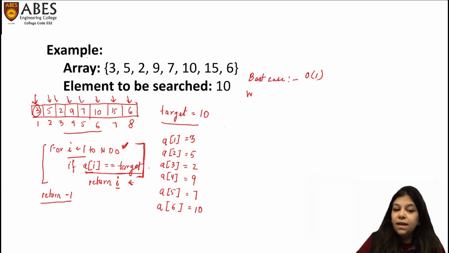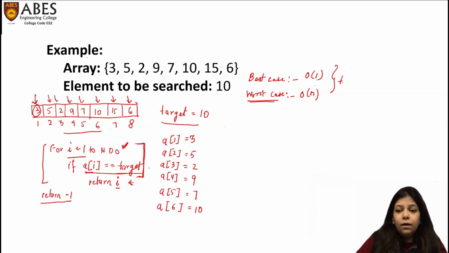So this is the worst case, when the for loop will be iterated n plus 1 times. And in this case, the complexity will become O(n+1), which is written as O(n). So the worst case and the average case complexity of linear search will become O(n).